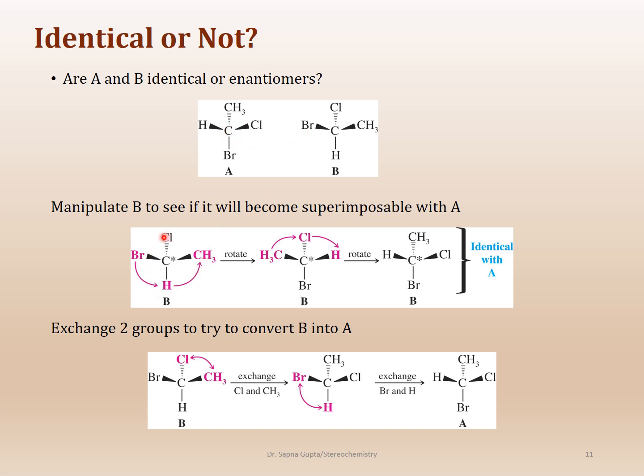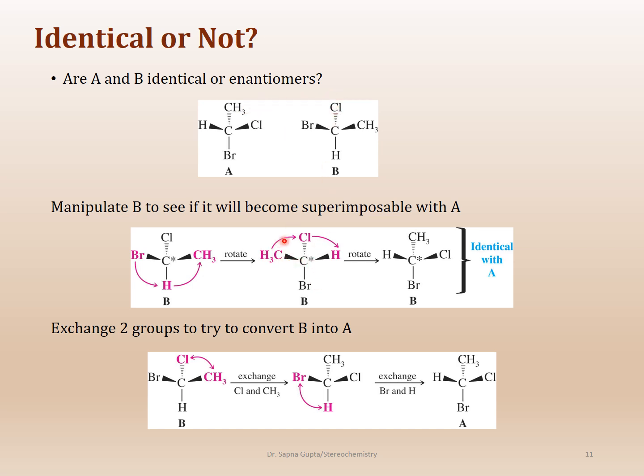Okay, and keeping the chlorine constant, we'll go ahead and move these groups around. Okay, and so bromine moves to hydrogen, hydrogen moves to a methyl group, and then the methyl group comes over here. Okay, so then when the bromine is down here, remember in A over here, bromine is down here, so now we have bromine down here. So again, we do another rotation and we're trying to get the CH3 back there now, okay?